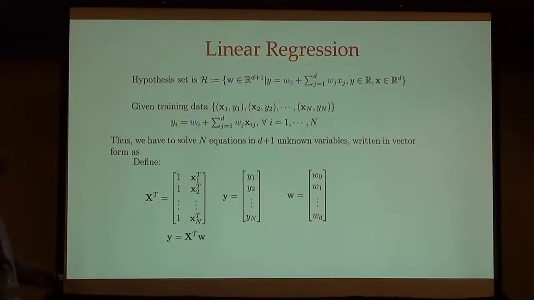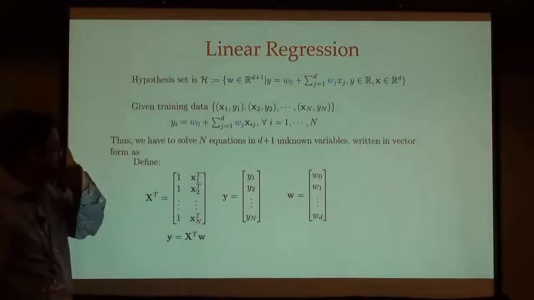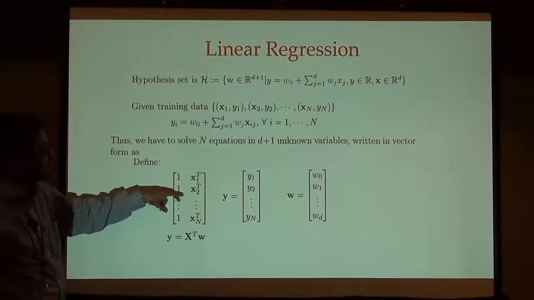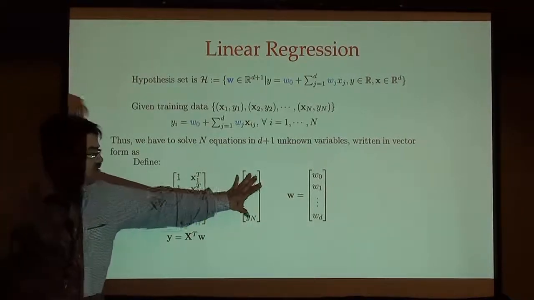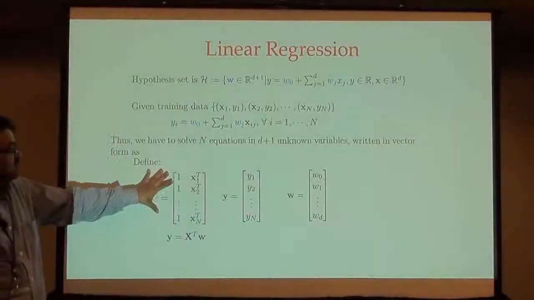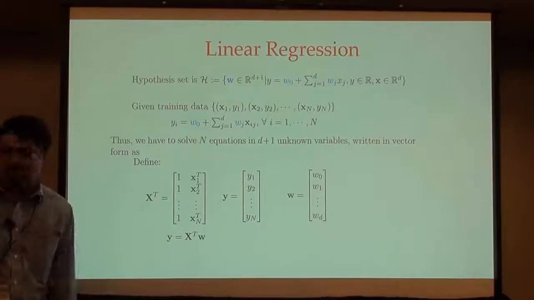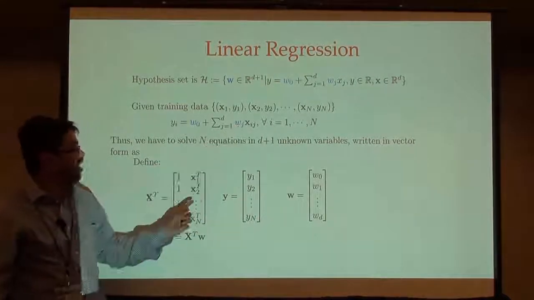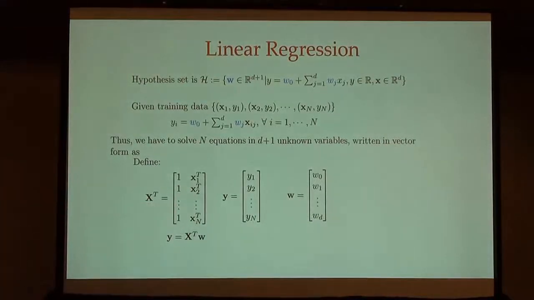This is just writing this term in a vectorial notation where I define this matrix X transpose just by stacking all these things up. It's just machinations to write it in a compact form of y equal to X transpose W. I wrote this in the linear form instead of this affine form because I appended this one here. It all works out; it's standard algebra.